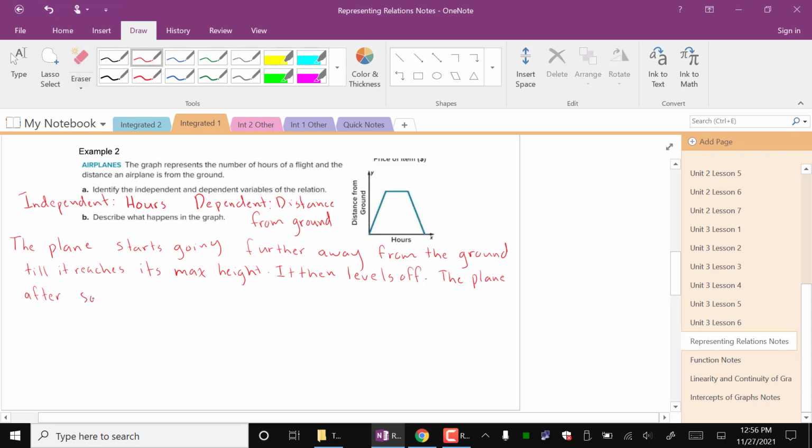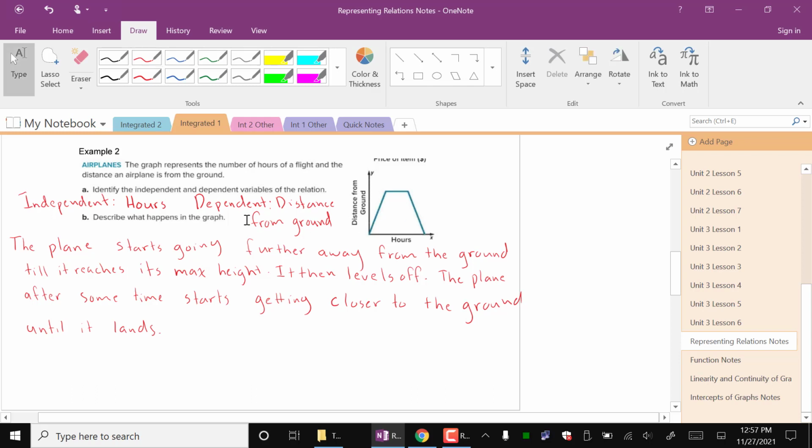After some time it starts getting closer to the ground, to the ground, until it lands. And that would be right here because the distance from the ground would be 0.